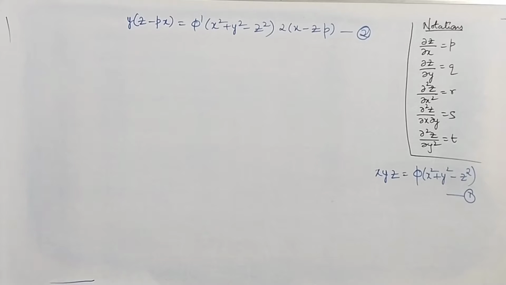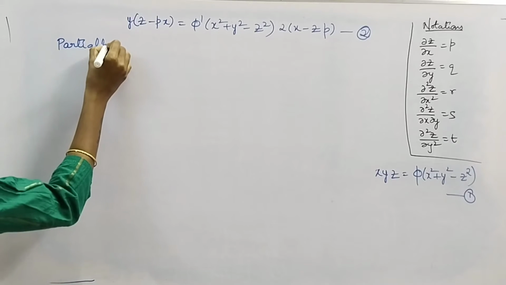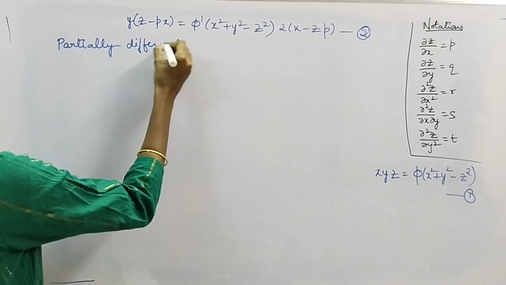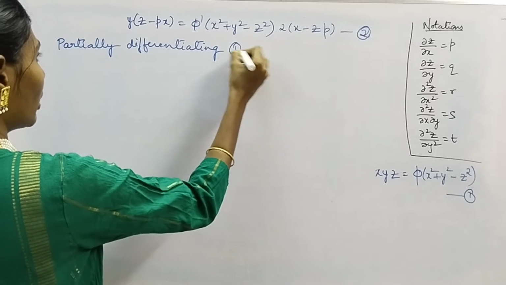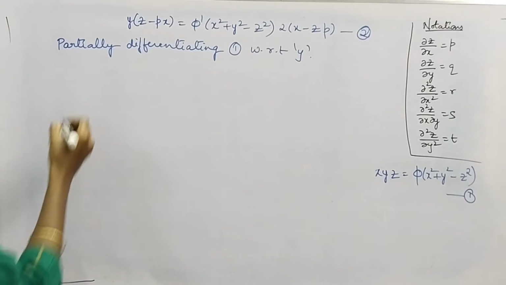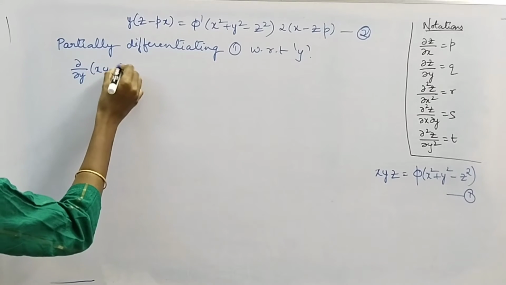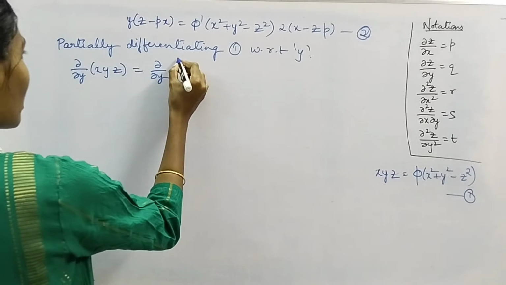Now let's partially differentiate 1 with respect to y. Partially differentiating 1 with respect to y. Just apply dou by dou y on both sides of 1. Since we are partially differentiating with respect to y, we'll treat x as constant here.